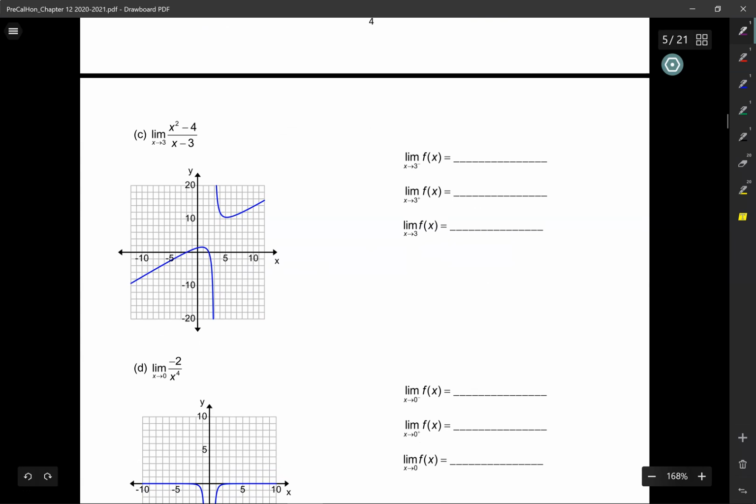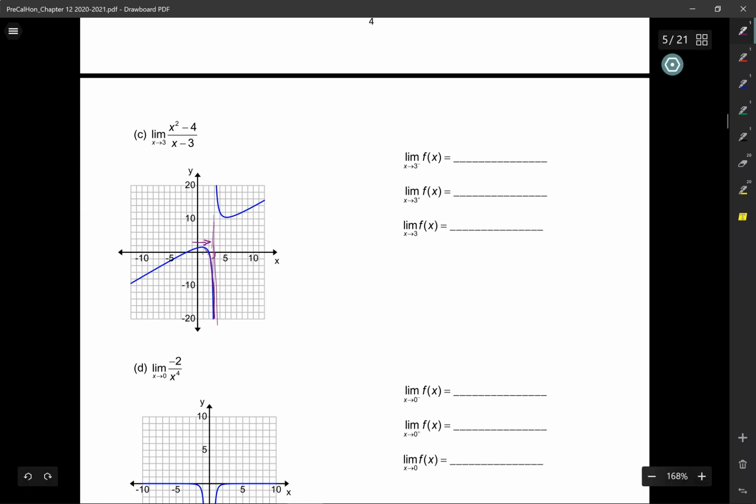Okay. Oh, what about here? As x approaches 3, 1, 2, 3, here we go. What's the limit as x approaches 3 from the right-hand side? So, as I approach that imaginary line, where is my y value?